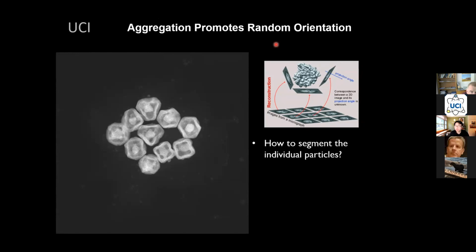So the next question is, okay, we need to go to these aggregates, and how do we segment out those particles? I don't want to do that manually. I don't want to do that by hand, right? So we have to be smart at creating a machine learning model to do it automatically for us, right? So immediately I turn to deep learning for help, because it's pretty good at doing segmentation.